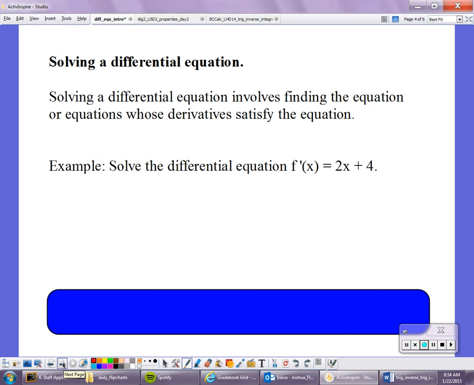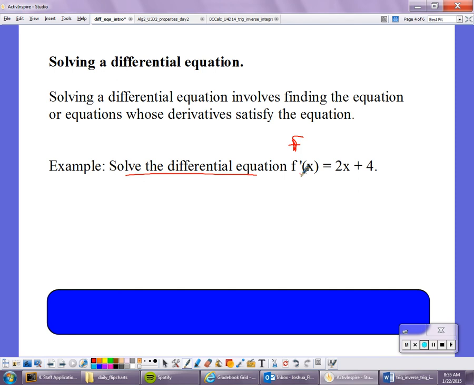Okay, solving a differential equation. Solving a differential equation just means finding the equation or equations whose derivatives satisfy the equation. So if we want to solve this differential equation, f prime of x equals 2x plus 4, we want to find the function f such that f prime is 2x plus 4.